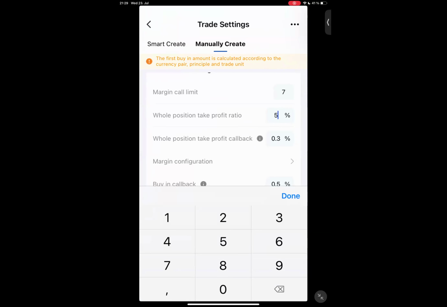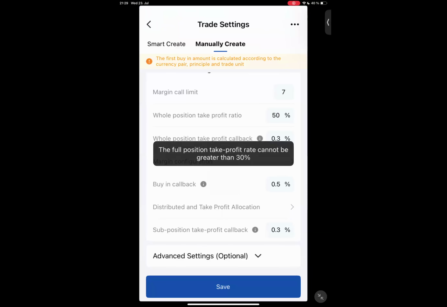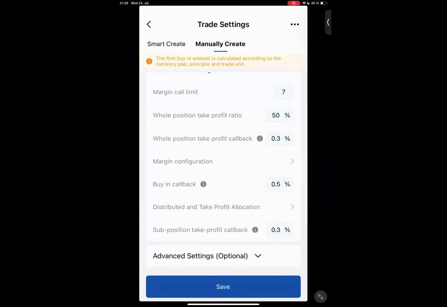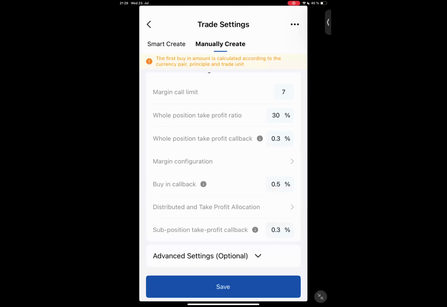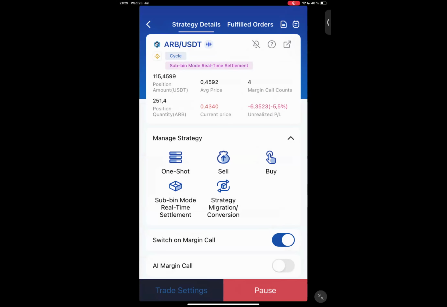Let me just do 50 for you to see something. The full position take profit ratio cannot be greater than 30. So Charlie, we Africans always find a way to make things work. So save. This one I'll save, because that's the 30.